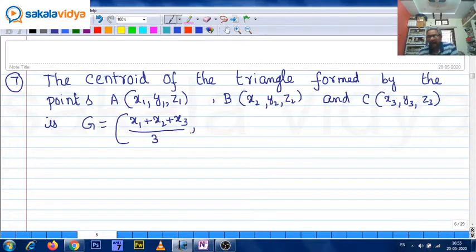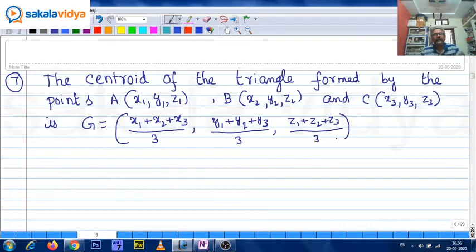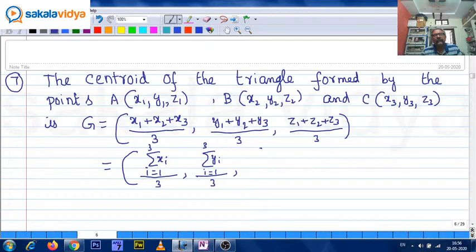comma the mean of the y coordinates, so (y1 plus y2 plus y3) upon 3, comma (z1 plus z2 plus z3) upon 3. Or we can write this also as sigma xi, i equals 1 to 3, by 3, comma sigma yi, i equals 1 to 3, by 3, comma sigma zi, i equals 1 to 3, by 3.